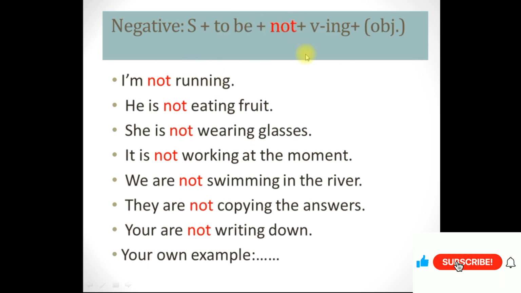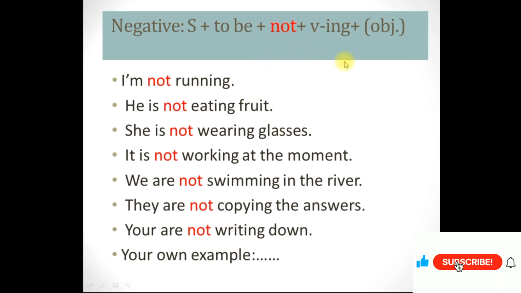As you can see, another example, he is not eating fruit, right? He is the subject, is is the verb to be, is not, and eating is the verb ing, and fruit is the object. She's not wearing glasses. She is the subject, is is the verb to be, not, and wearing is the verb ing, and glasses is the object, right?